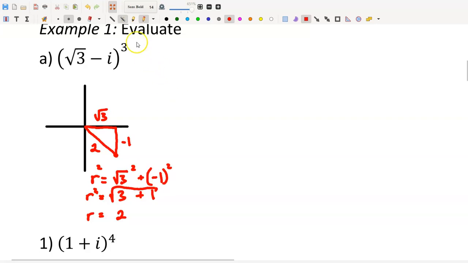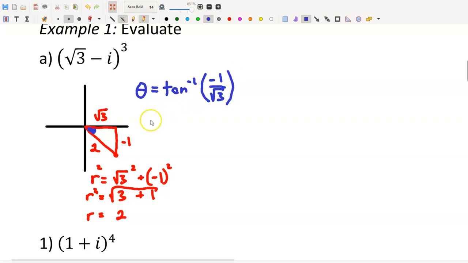And then we also have to find the theta, right here. And if we don't know what that theta is, then we have to do arctangent, right? So we have the rise, we have the run, opposite over adjacent. Right.